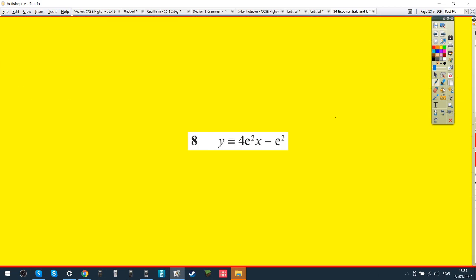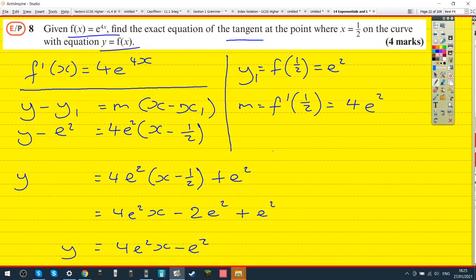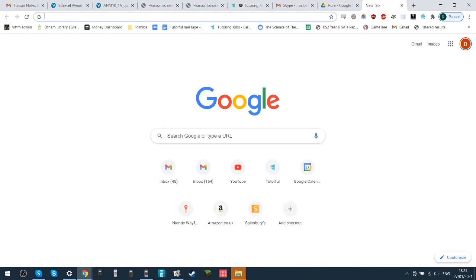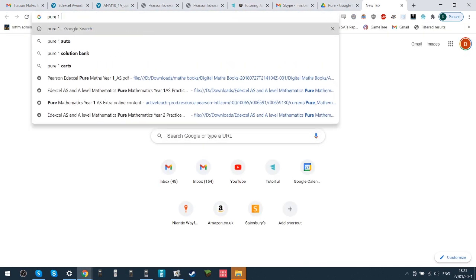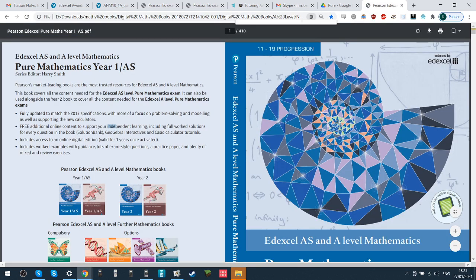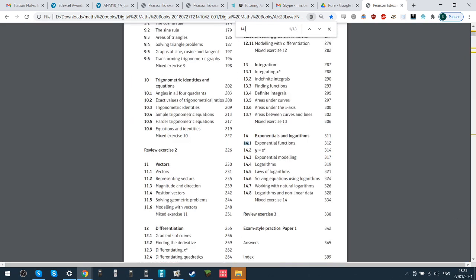Okay, let me just see that. Hold on a second. Let's see, old book, Pure 1. This was like 14.2, I believe.